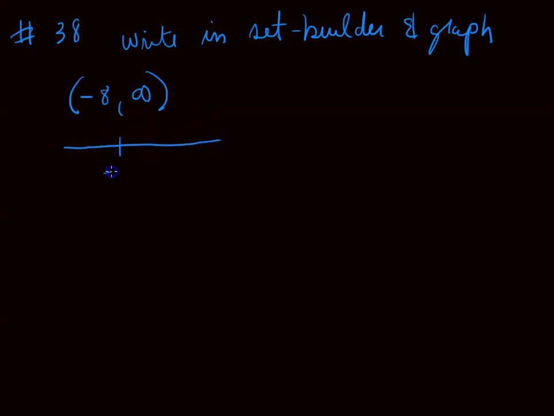So here's the -8. They want you to start there, but don't include it, and go to infinity, which is to the right. Interval notation would be, oh, they already gave that. Set builder notation would be the set of all x such that x is greater than -8. Did these make sense? How about number 50?